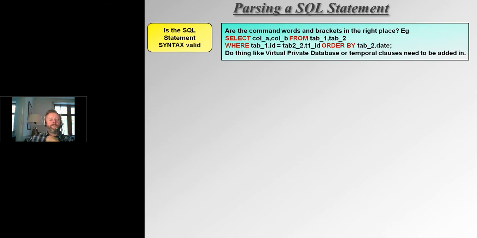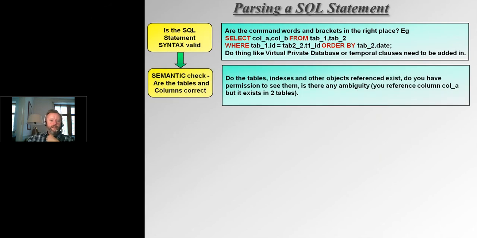Well, when you issue a SQL statement, the first thing Oracle does is make sure that the syntax is valid, i.e. the select, insert, update, delete, merge is where it should be, the from is where it should be, that the actual language is correct, that it can understand the statement. The next thing Oracle does is a semantic check.